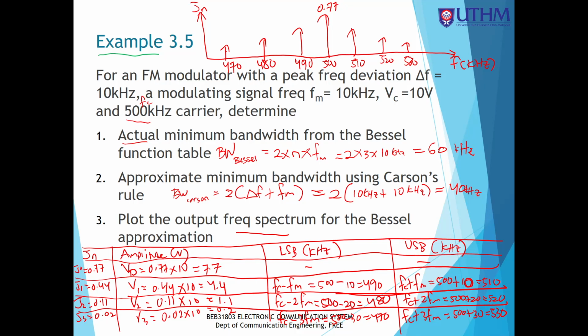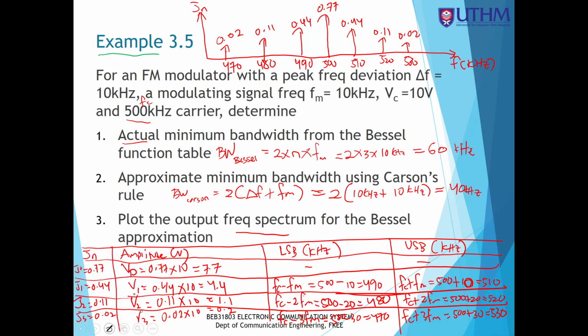0.77, 0.44, 0.11, 0.02. Okay, so this is Jn versus frequency.